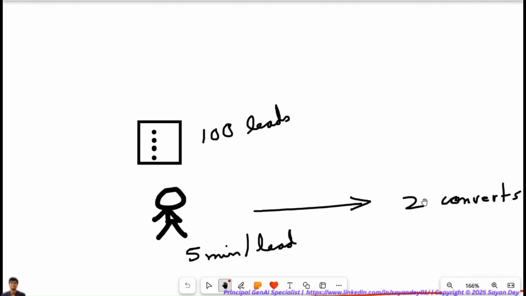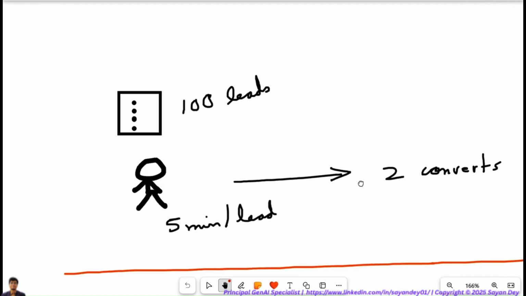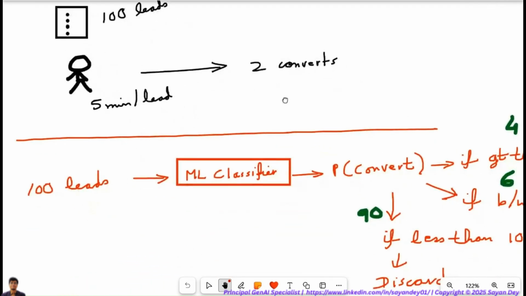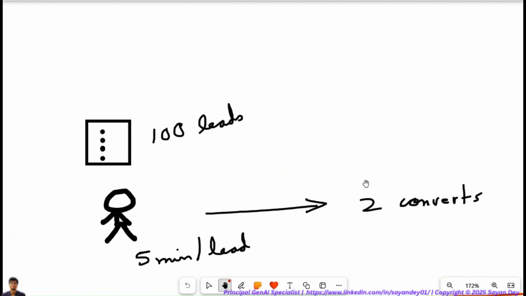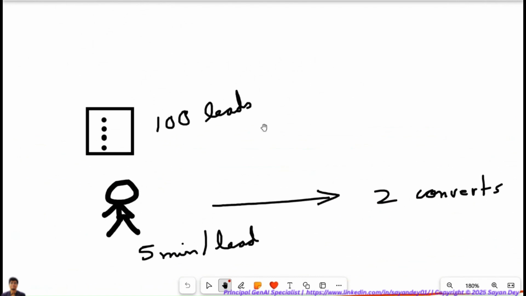And all the convincing, you talk to the customer, say this is a great product, please buy, and somebody eventually buys. Now, what are we trying to achieve here? This is how it used to be. And from a slightly technical perspective, you can see there are lots of so-called false positives. This manual process is very inefficient because there are lots of FPs. There are 100 leads you get in the beginning, which means somebody thinks these 100 leads will convert.